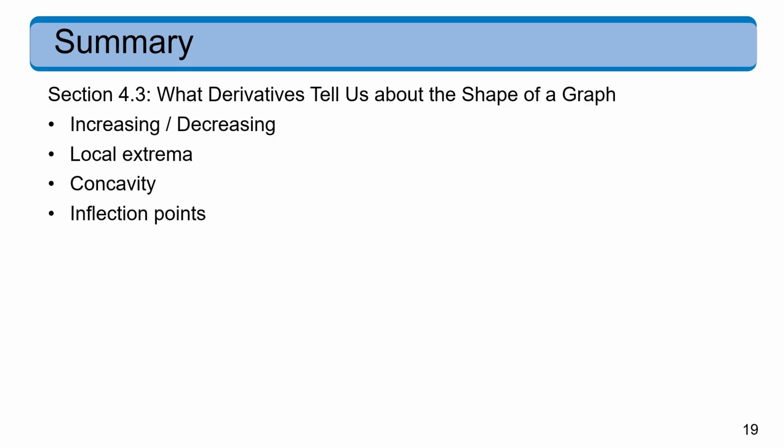And then related to that are what we call inflection points, and that is just the location of points where the concavity changes. We also learned the second derivative test, and this is an alternate method for locating your local extrema using the second derivative. You use both the first and the second derivative in that test. And then finally we put everything together to see how we can figure out the graph of a function based on all of these points.